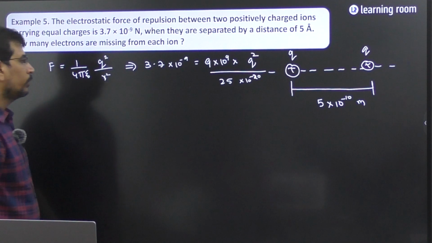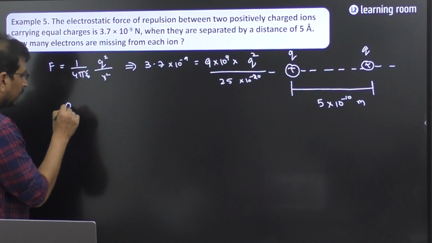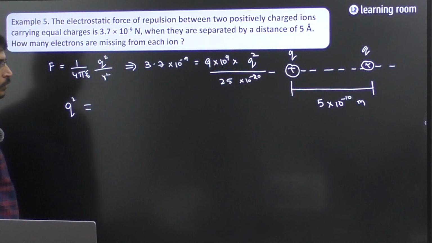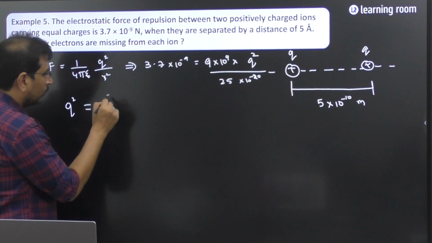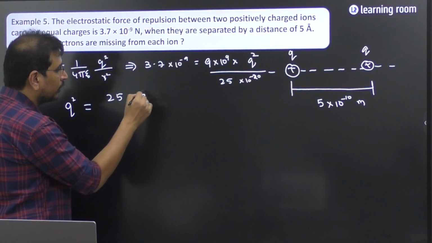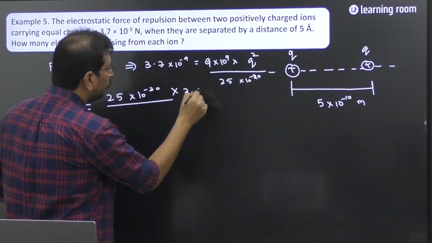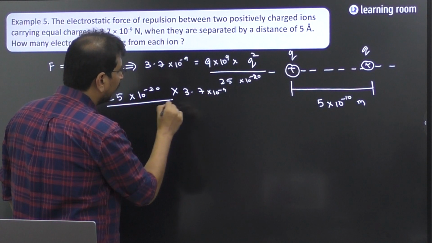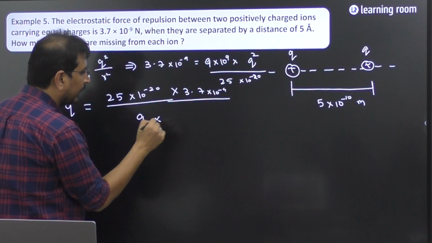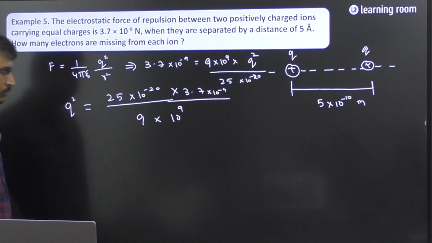Right? So if I observe this, then I get Q square is equal to 25 into 10 power minus 20 into 3.7 into 10 power minus 9, the whole divided by 9 into 10 power 9.